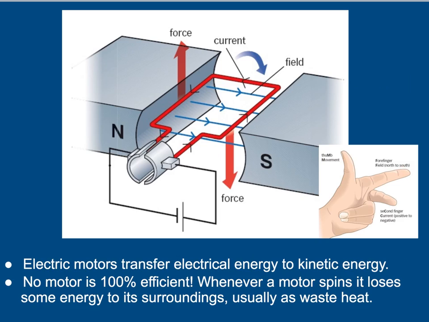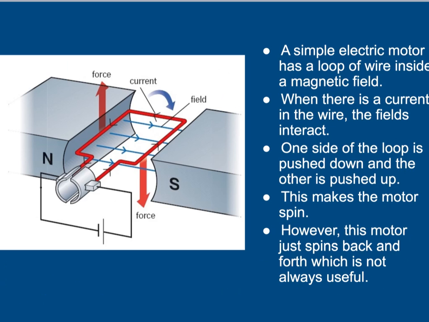This is a basic electric motor, and it does make use of Fleming's left-hand rule, so you need to keep this in mind as we describe how it works. A simple electric motor has got a loop of wire inside a magnetic field. When there's a current in the wire, then a magnetic field is produced around that wire, and that field interacts with this magnetic field.